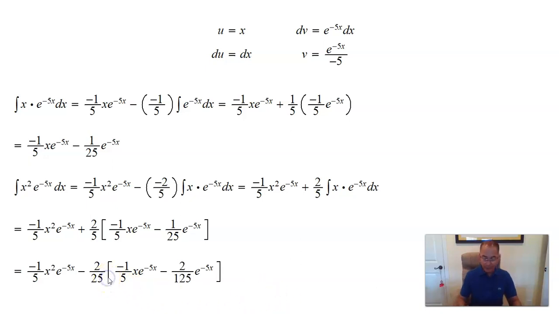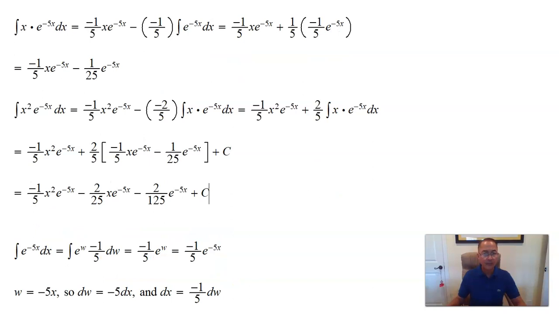So carefully, let us remove the brackets. There we go. And let us make sure we have everything correct. Minus 2 over 25 for the second term. Minus 2 over 125 for the third term. Now, we can, of course, put the plus c over here and over here.